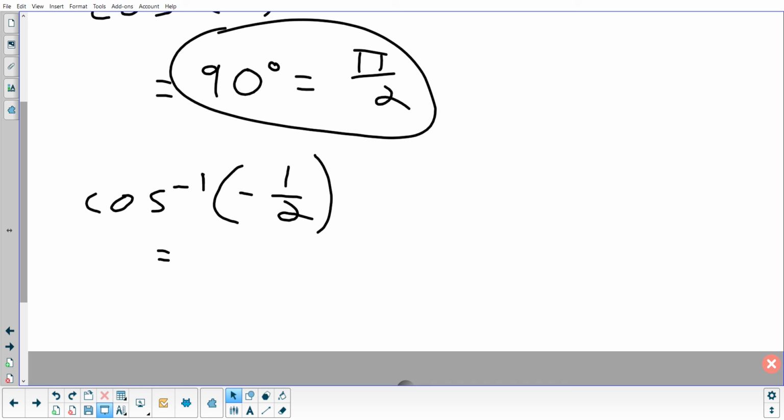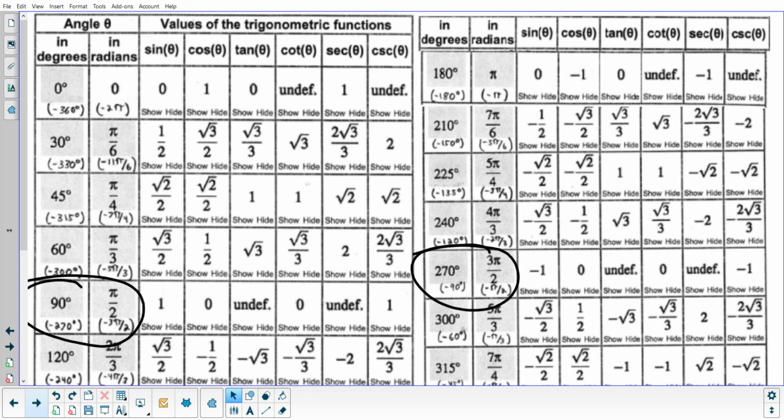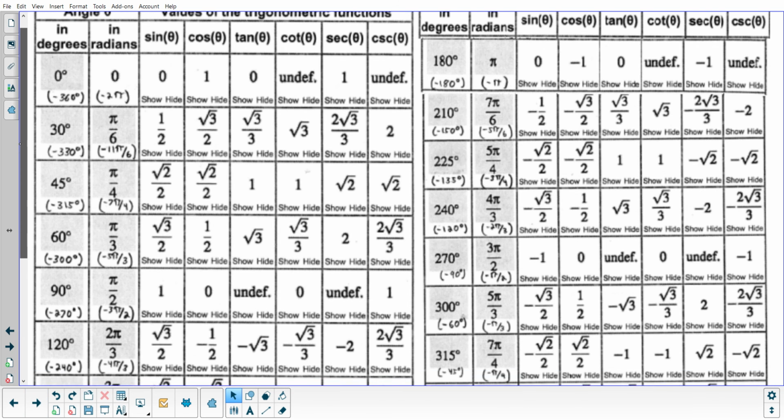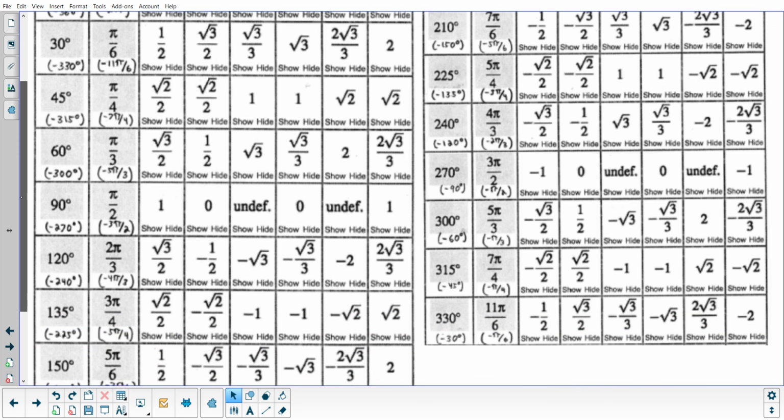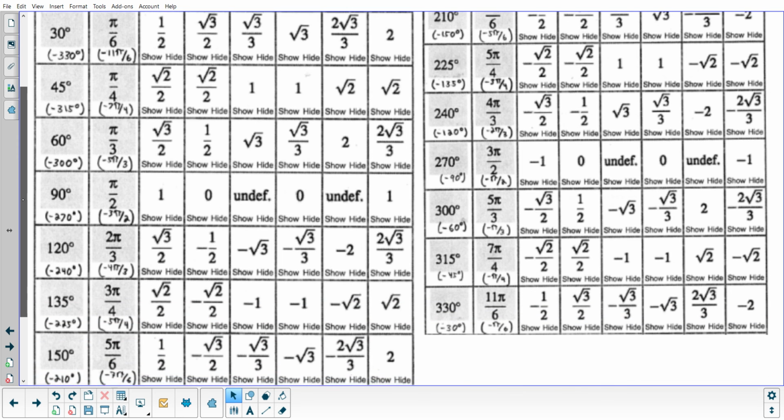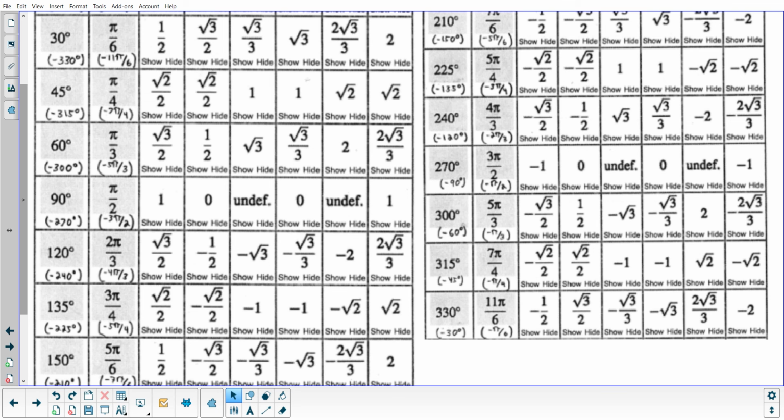Alright, let's try inverse cosine of negative 1/2. So you're looking for an angle you can take the cosine of and get negative 1/2 as the answer. And if you're not sure, we're in the 4th column, so you're looking here. That's the cosine column.